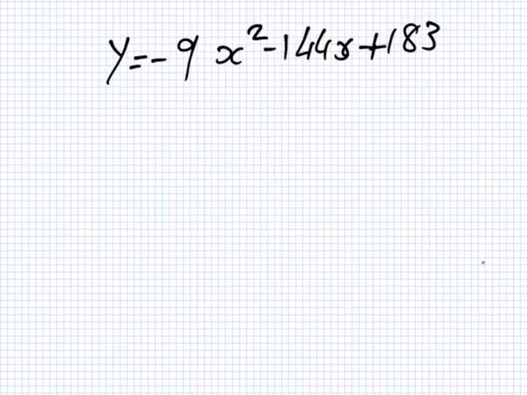Now, sometimes it's a minimum, but sometimes it's a maximum. How can we tell which it is from a, b, and c? The a can tell us. If the a is positive, then the shape of the graph is like this. So this is for a positive a. But if the a value is negative, then it'll be this shape.